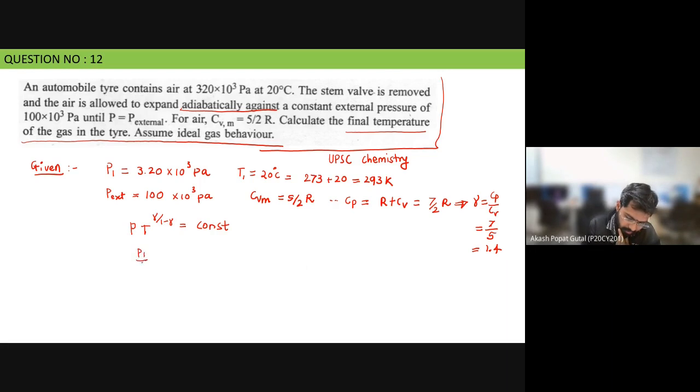So P1 by P2 is equal to T2 by T1 raised to gamma upon 1 minus gamma.